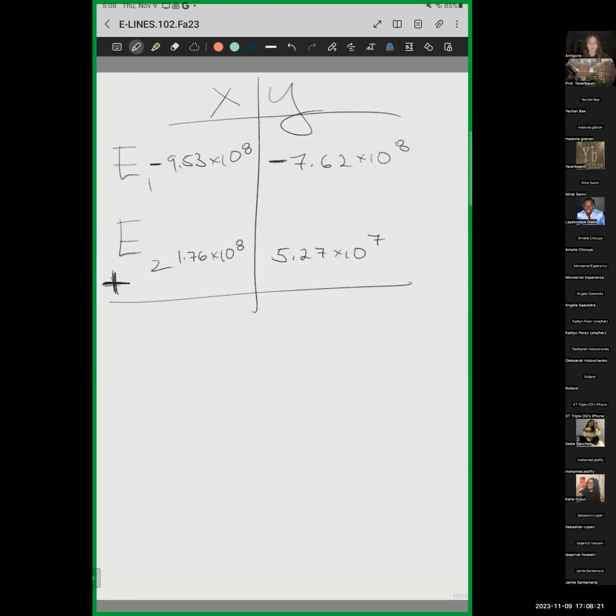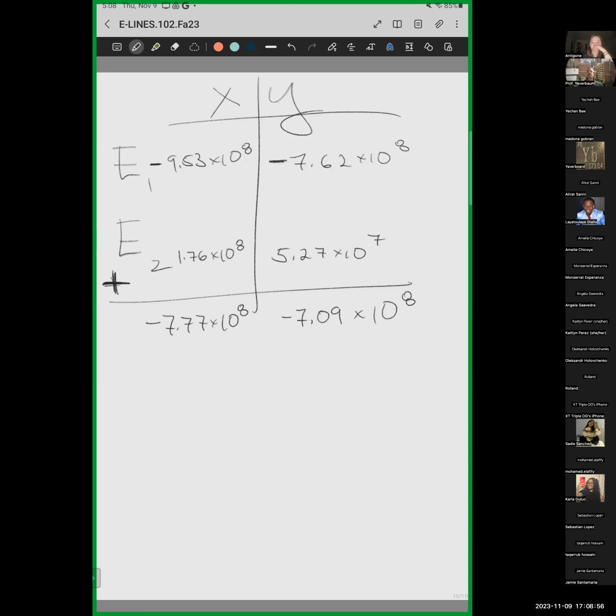So we get... and so what is this? This is us almost being done with this problem.